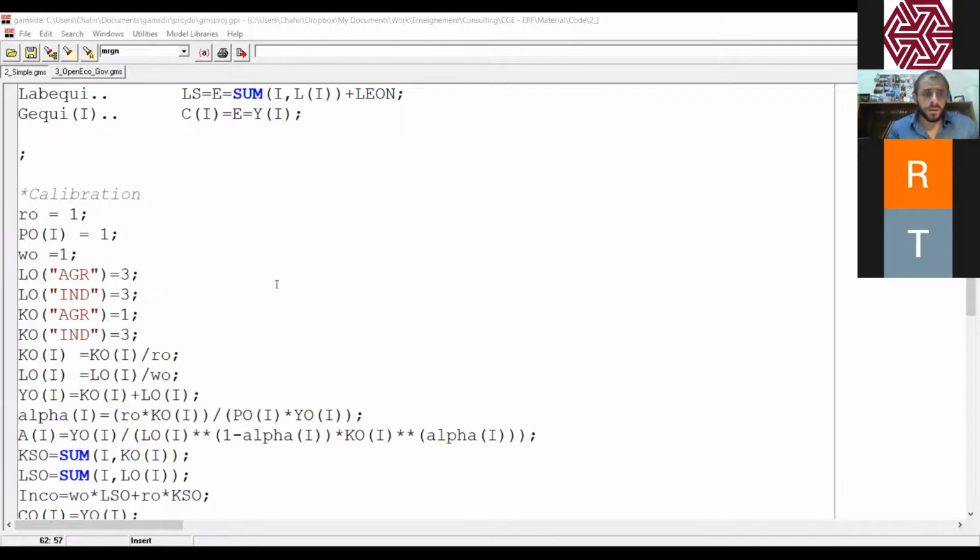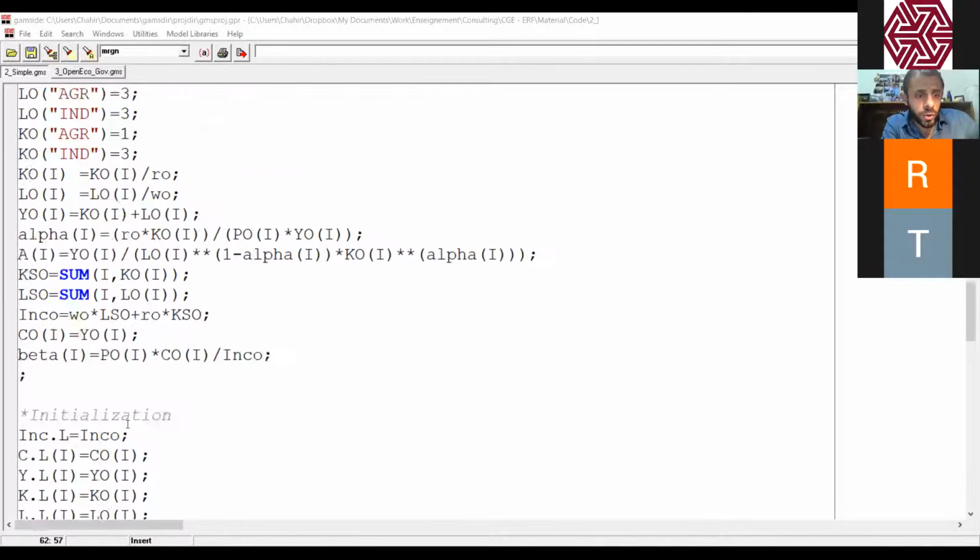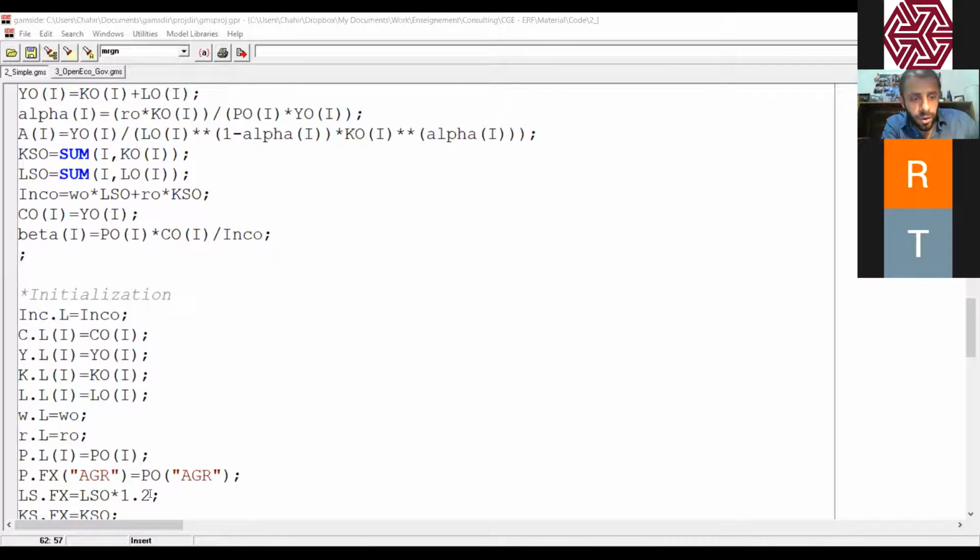So if we run the simulation, in which we increase labor supply by 1.2, the preliminary thing that we would expect is that the agriculture sector might benefit more from the increase in labor supply than the industrial sector. Why? Because it is more labor intensive than the industrial sector.